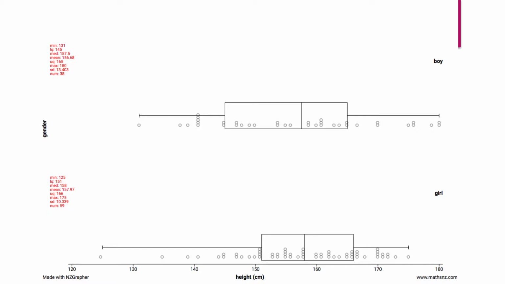In that database, there are about 50,000 students in the population, and in this sample you can see there are 38 plus 59, so 87 students altogether. And we're going to use this to make our comparative statements.